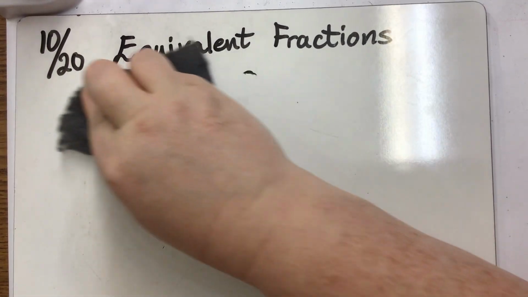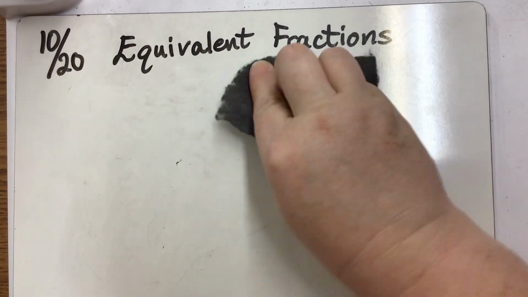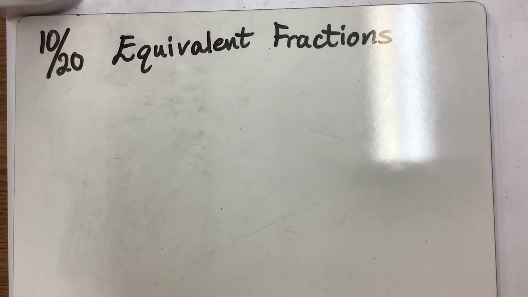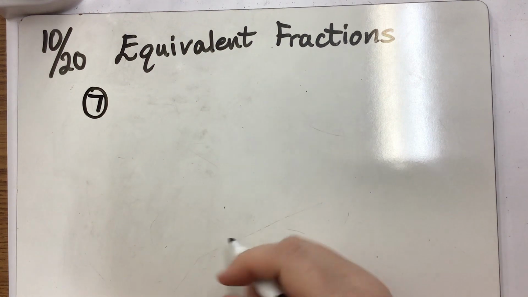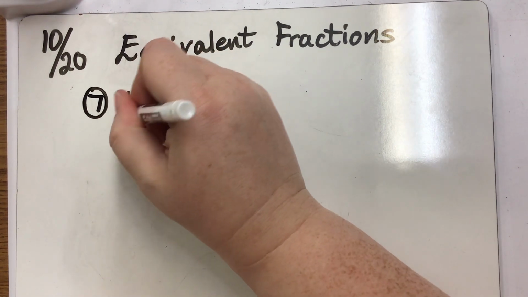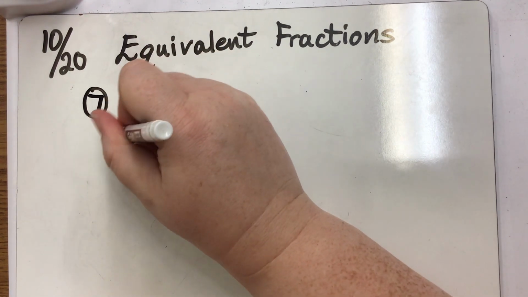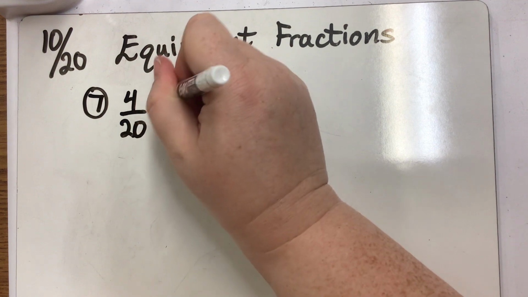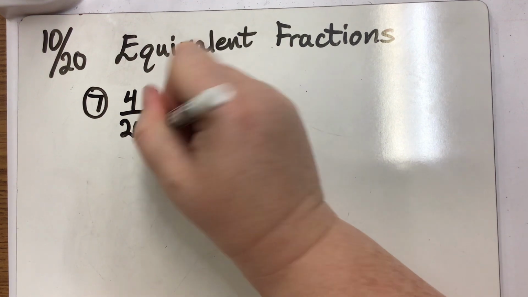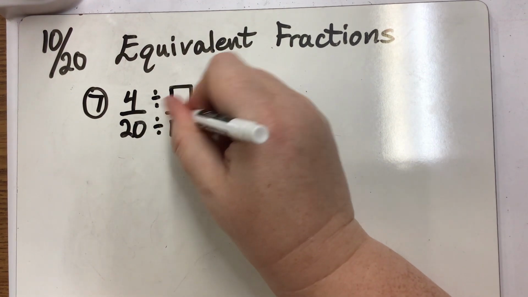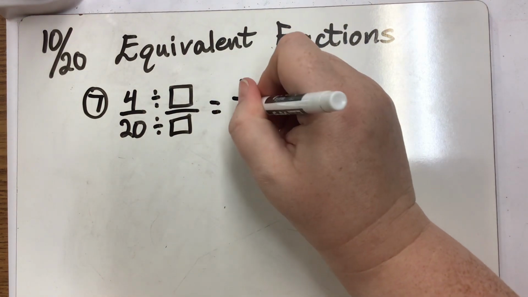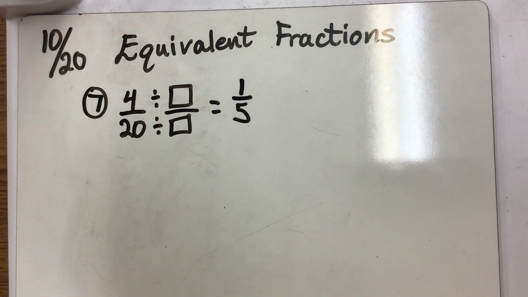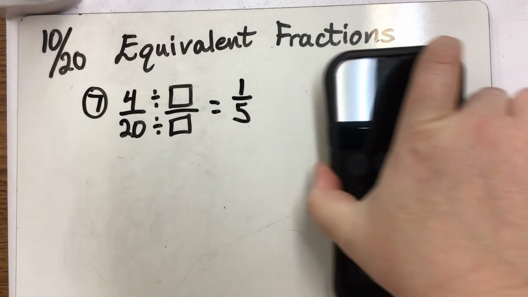Well, let's go ahead and let's see if we can squeeze 3 of these in here before 4th period comes and beats my door down. Okay, number 7 is 4 over 20, so 4 20ths divided by something over something equals 1 fifth. Now this is the one that we're going to be doing the most often.